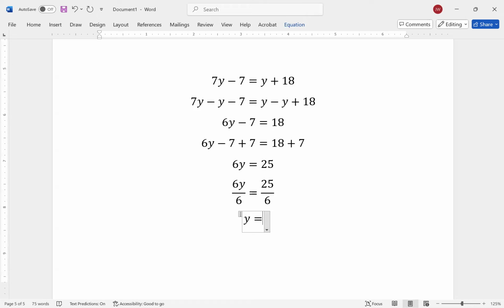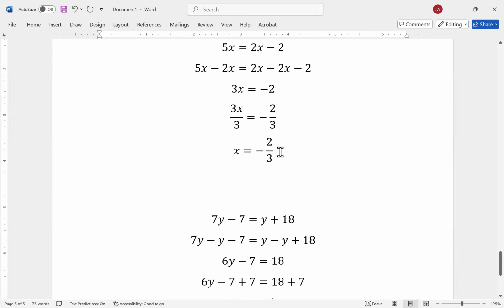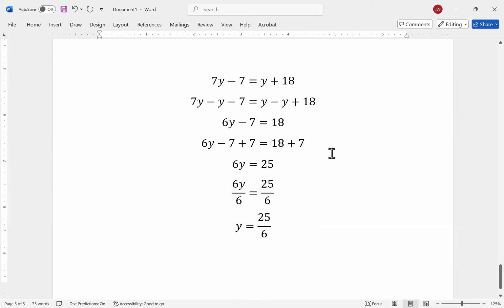Or they might ask for just the improper fraction, which is 25 over 6. I think I'll leave it as the improper fraction in this case. Notice that it is perfectly fine to get these fractional answers, whether it was negative 2/3 in the last example or 25 over 6 in this example. That's a perfectly legitimate number to have.